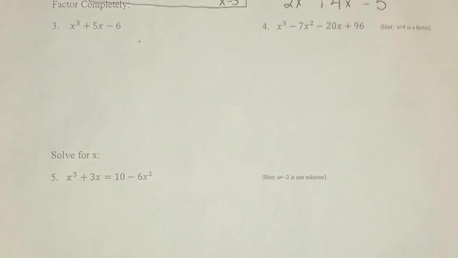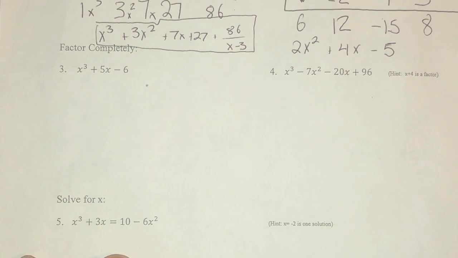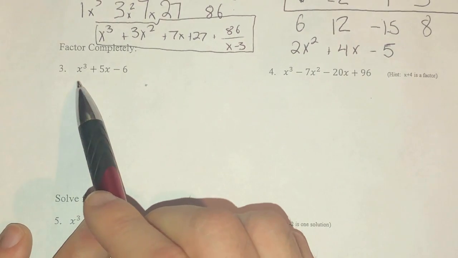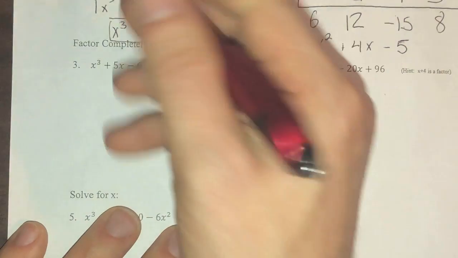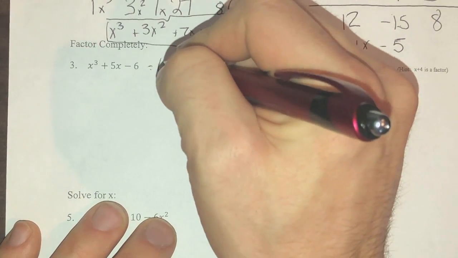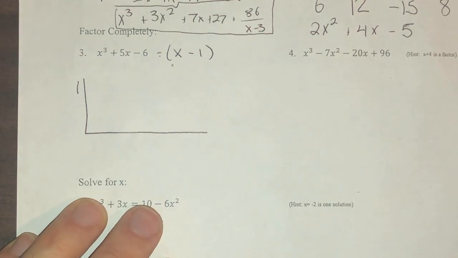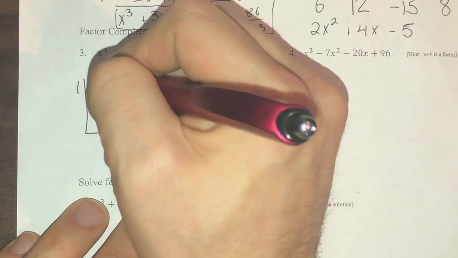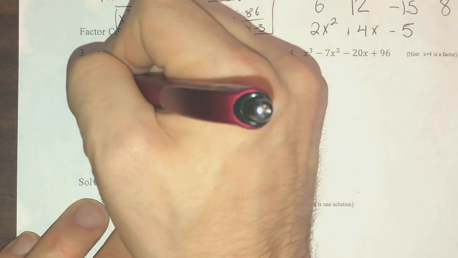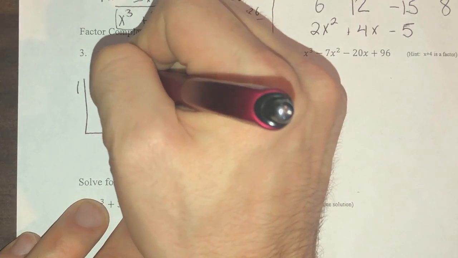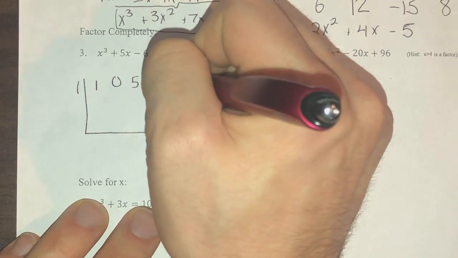Okay, now it's time to factor completely. So in this case, a lot of people saw right away, 1 worked. So what I'm going to do is, I'm going to factor out my x minus 1. And again, I'm dividing, so this is a good time to do the synthetic. So my coefficients, as long as you remember, 1, 0, 5, negative 6.